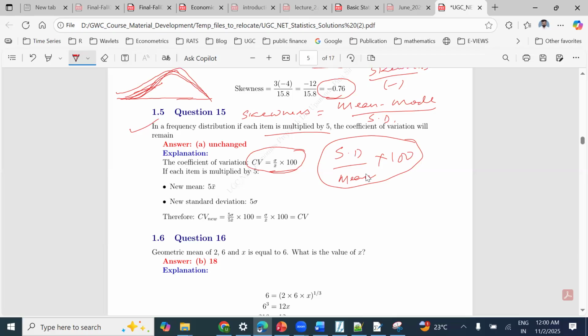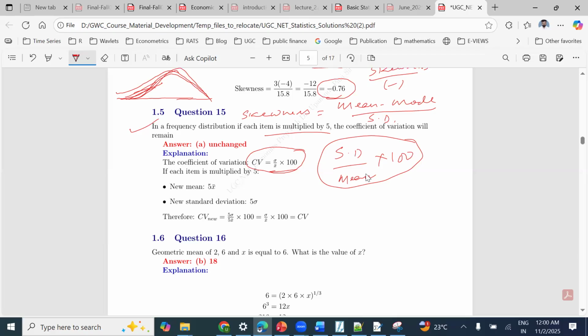That is why relative measures of variability, whether coefficient of variation, coefficient of quartile deviation or coefficient of mean deviation, are independent of the unit of measurement. It means the unit of any of the series is not reflected over here. That is for sure.